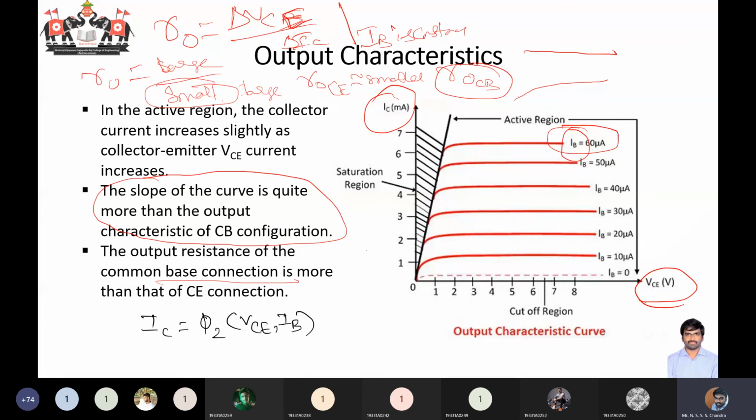Okay. Because here it's not completely flat, but a slightly increasing graph, your delta IC will be a larger value compared to your delta IC in CB configuration.